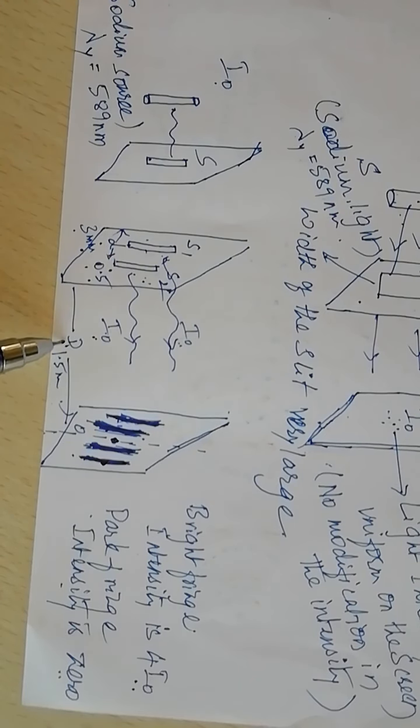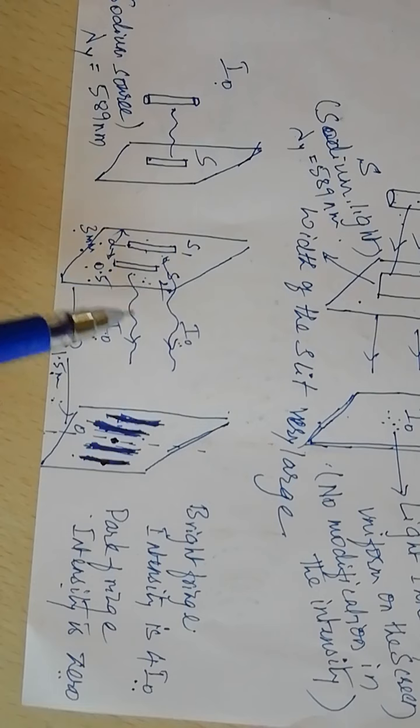The distance capital D must be of the order of 1.5 meter. If these conditions are satisfied, we get an interference pattern on the screen consisting of alternate bright and dark bands.